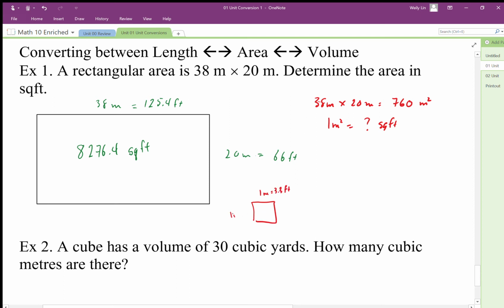Okay, 1 meter here equals 3.3 feet. So we're going to do 3.3 times 3.3, and that's going to give us 10.89 square feet. Okay, so 1 square meter is equal to 10.89 square feet.